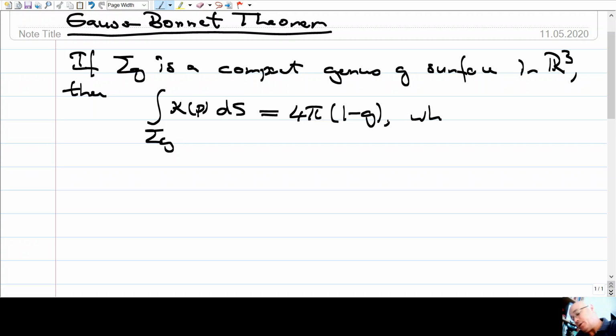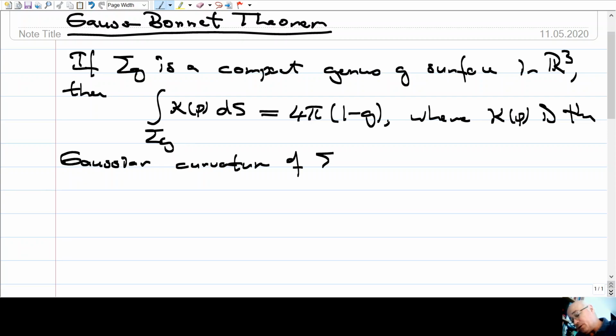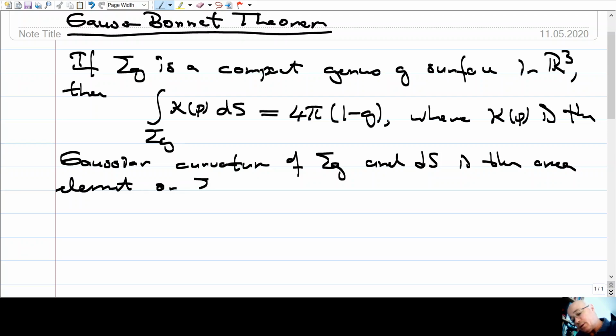Here Kp is the Gaussian curvature of sigma g, and ds is the area element on sigma g.